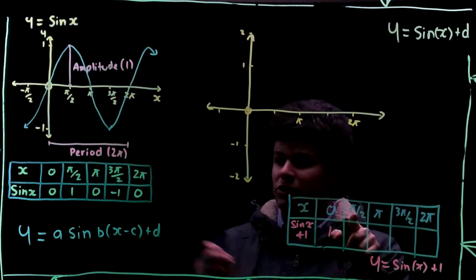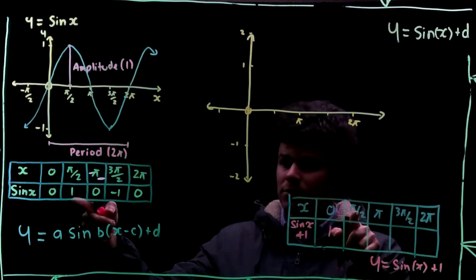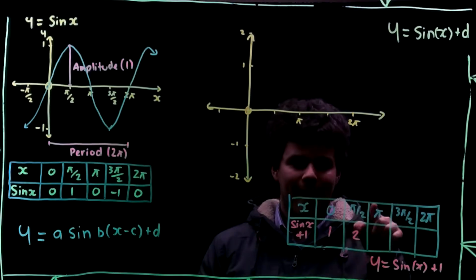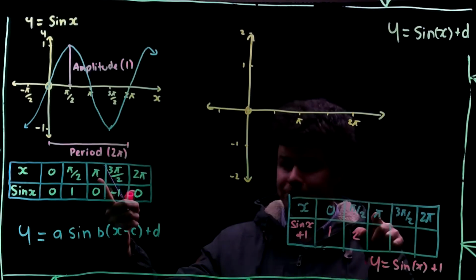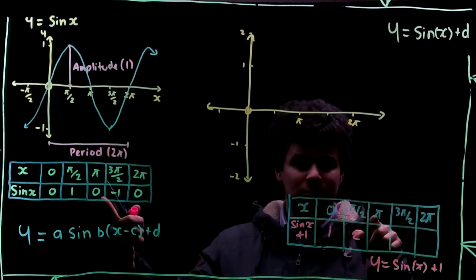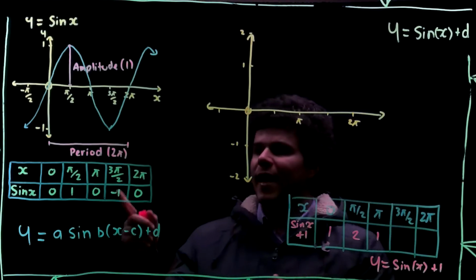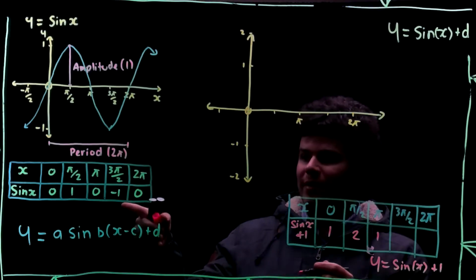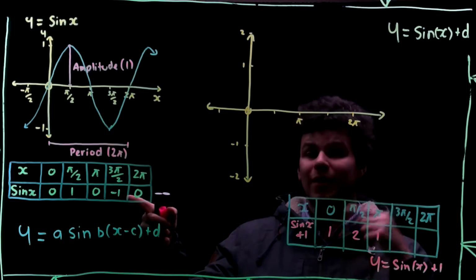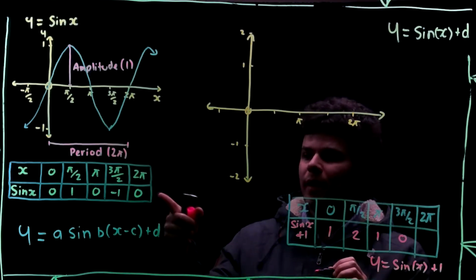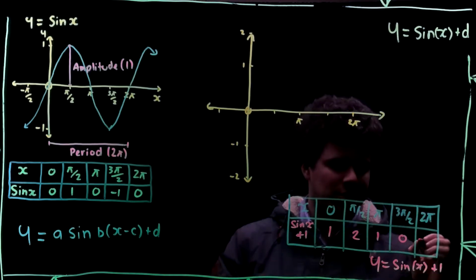At x equals pi on 2, sine of x is 1, but sine of x plus 1 is 2. At x equals pi, sine of x equals 0, sine of x plus 1 is 1. At 3 pi on 2, sine equals negative 1, plus 1 actually equals 0. And at 2 pi, sine of x equals 0 and plus 1 is just 1.